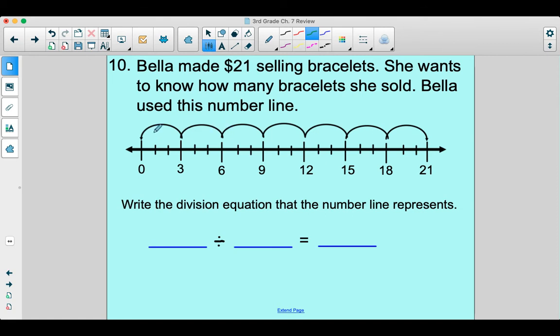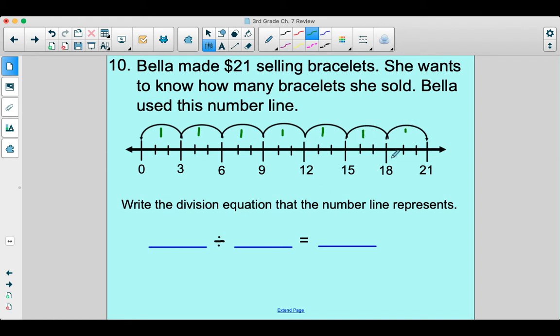So I'm going to guess that each one of these is representing 1 bracelet. So that's 1 bracelet, another bracelet, another bracelet. Keep on keeping on.